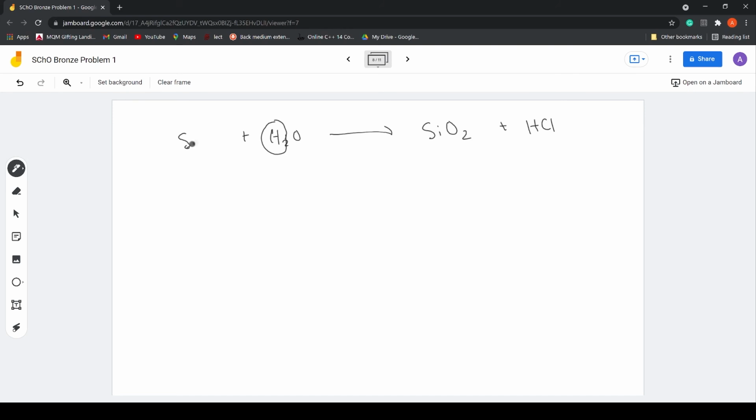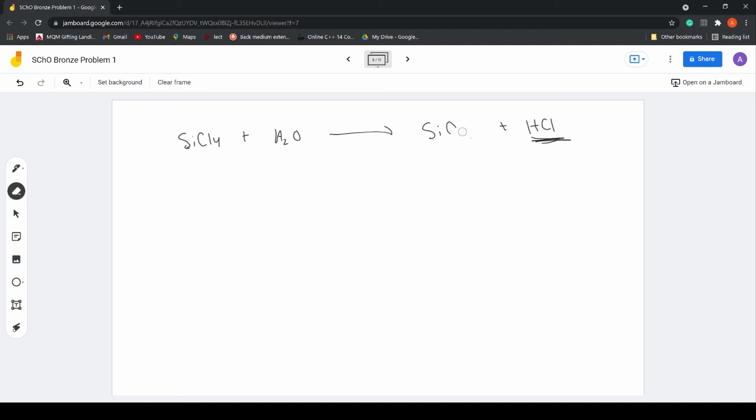So we have SiCl4, H2O, and we noted that, okay, we need an acid, right? How do we get an acid from silicon, chlorine, hydrogen, oxygen? HCl is the most probable acid that would form. So now let's balance it first.